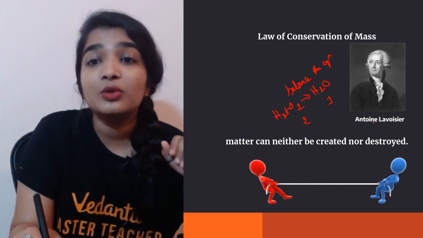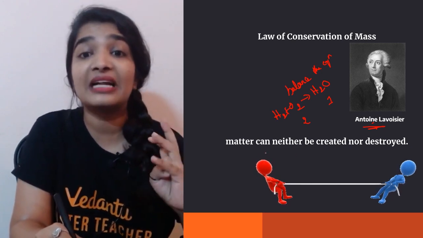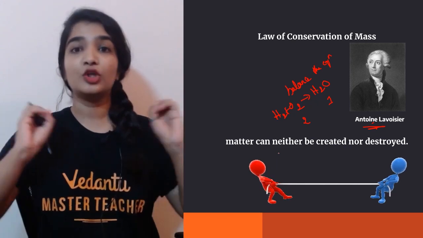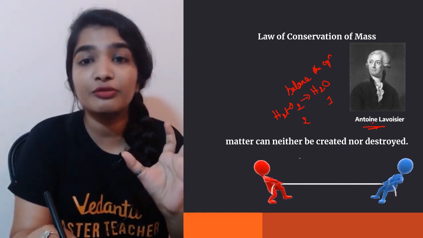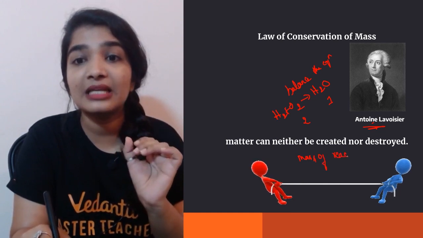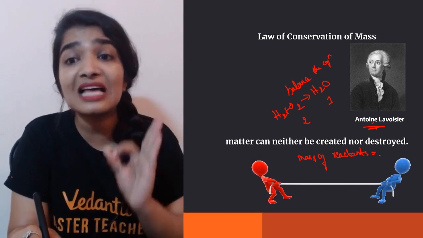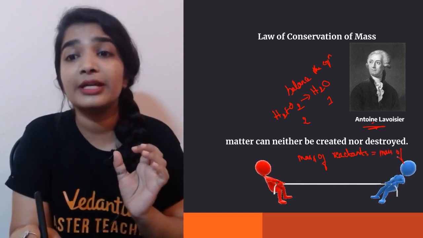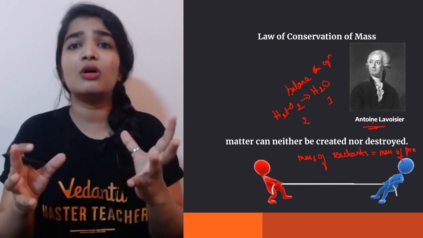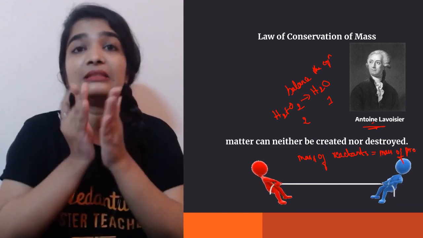According to Antoine Lavoisier, in a chemical reaction, matter can neither be created nor be destroyed. So whatever the mass of reactants, if you are taking 10 grams of reaction mixture, the mass of products has to be 10 grams too. It has to be equal, because you cannot destroy or create mass in a reaction.